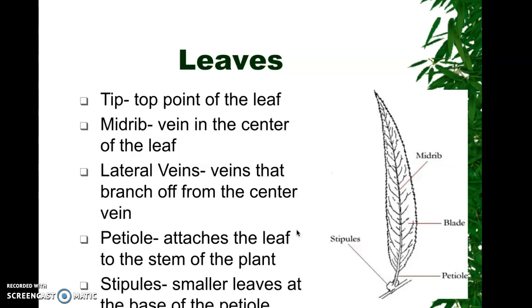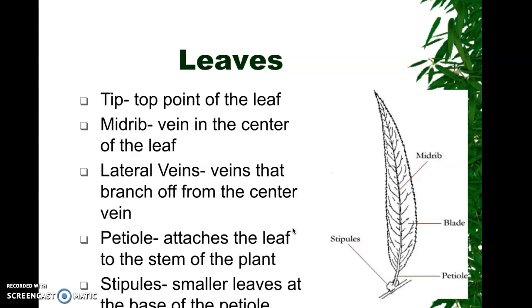Leaves, these are the parts of the leaves. The tip is, of course, the very top of the leaf. And then we have the midrib. It is that very big vein that you see across the center of the leaf here. Lateral veins, which are those veins that go out away from the side of the midrib, or that vein in the center.